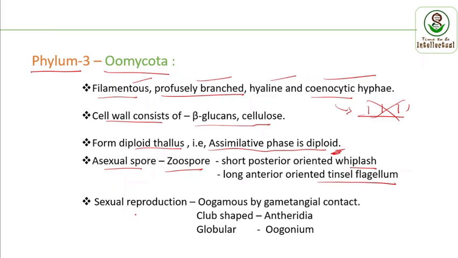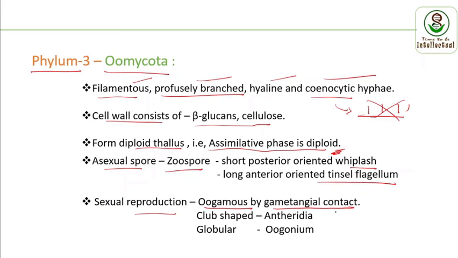And next is the sexual reproduction, oogamous by gametangial contact. While explaining, I have explained the 5 different types of sexual reproduction in the fungi. Among those, gametangial contact gives the oogamous forms, and that is the mode of sexual reproduction.